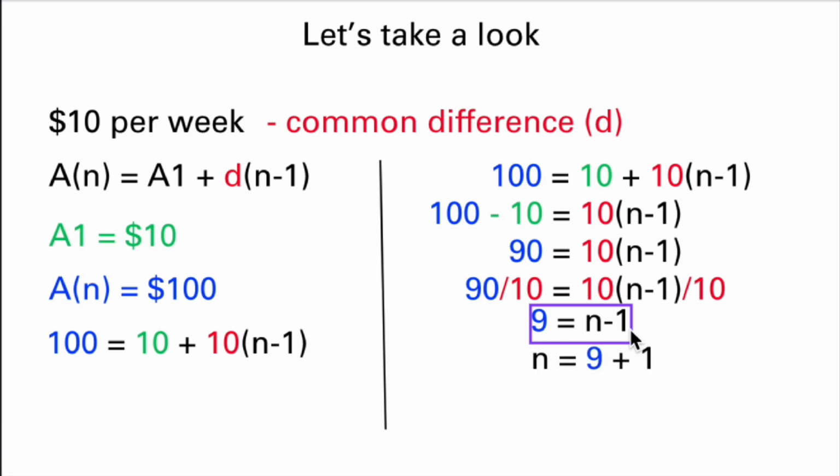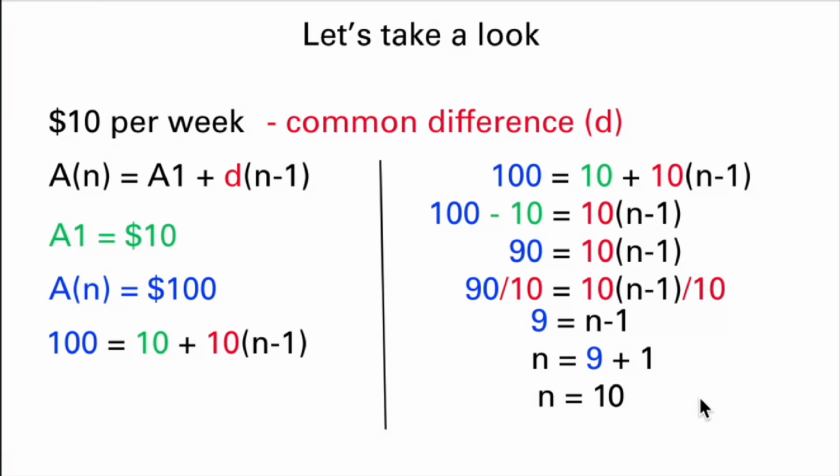Therefore, we can say that n is equal to 9 plus 1, and n is equal to 10. So compared to the experiment earlier, when saving $5 per week, it'll take him 20 weeks. However, if he saves up $10 per week, it'll only take him 10 weeks. That's the difference between saving up $5 and $10 per week.